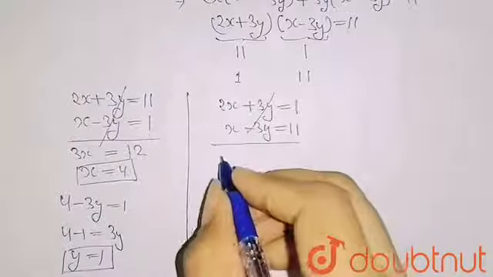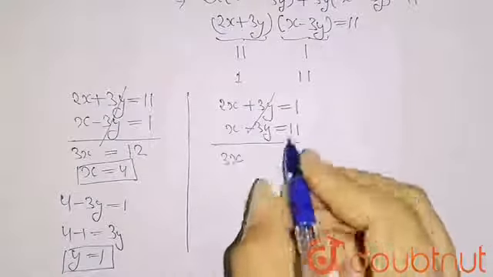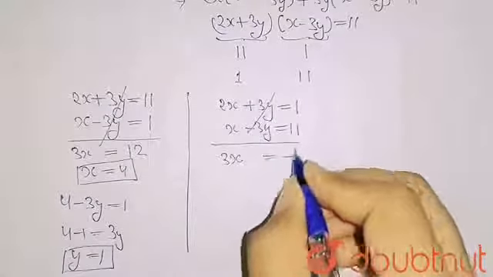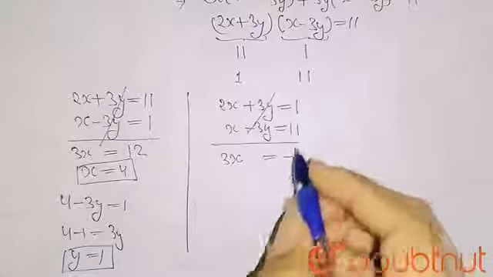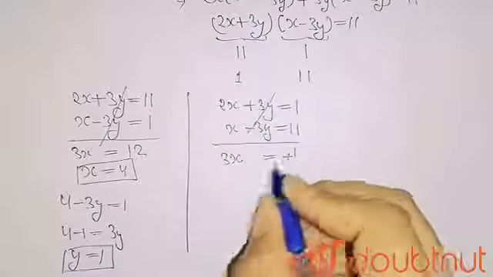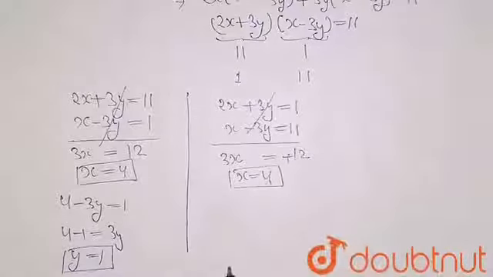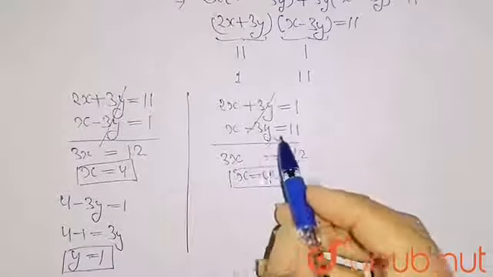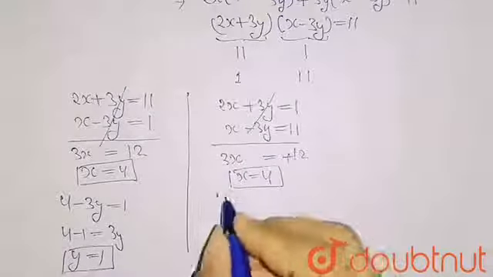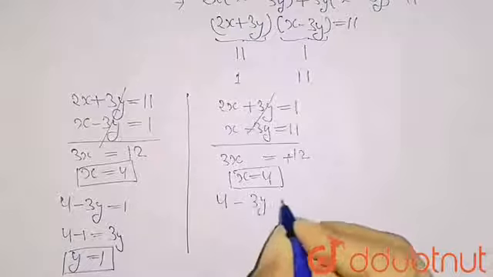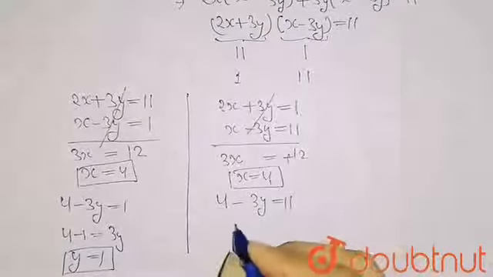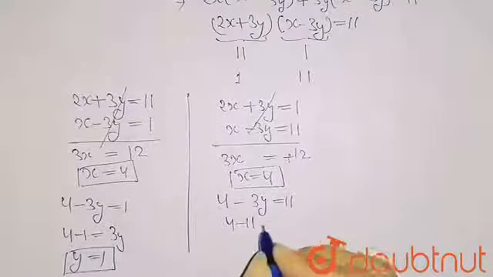Again here you will get 3x, and this will give me 12, oh sorry, they will add. So here my x is coming 4. Now I have to put the value of x in this equation. So what I will get? 4 minus 3y equals to 11, so 4 minus 11 equals to 3y.